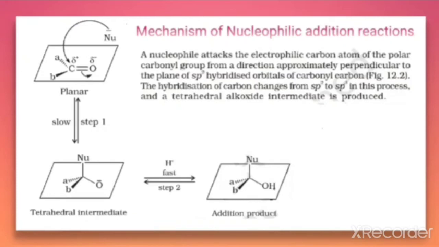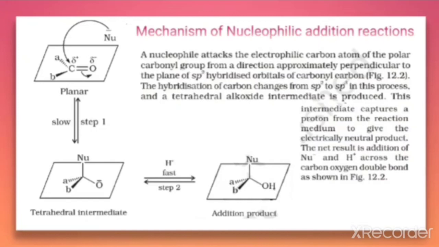This intermediate captures a proton from the reaction medium to give the electrically neutral product shown here. The net result is the addition of nucleophile and H plus across the carbon oxygen double bond.